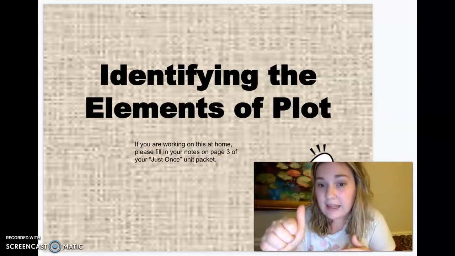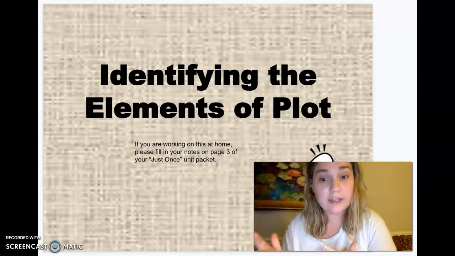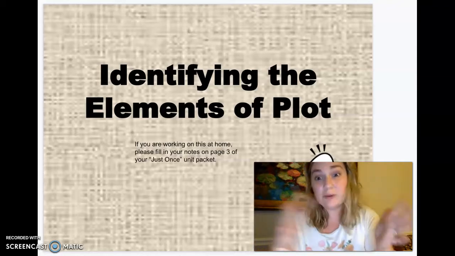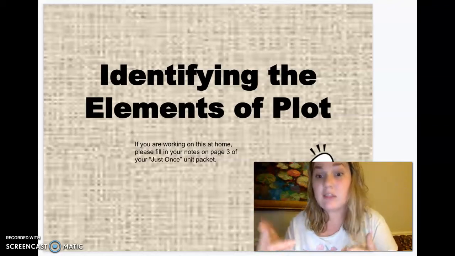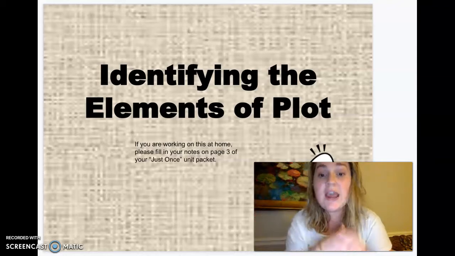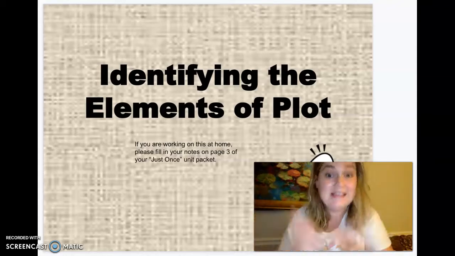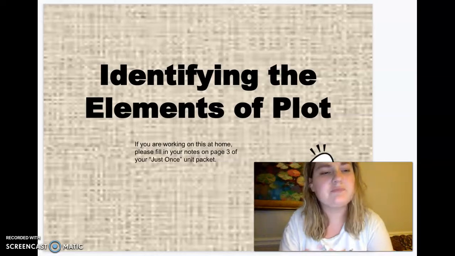You have the setting, which we talked about. There is something called conflict, which we will talk about later. Theme, we have characters, and the most important, because the story wouldn't happen without it, is plot.